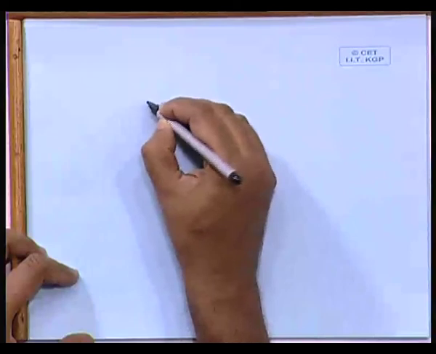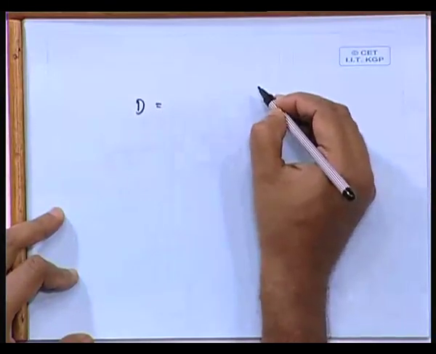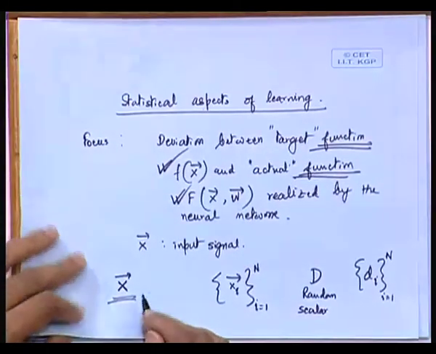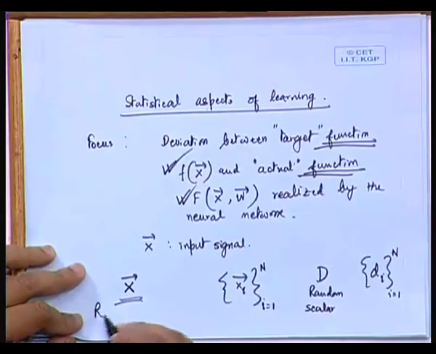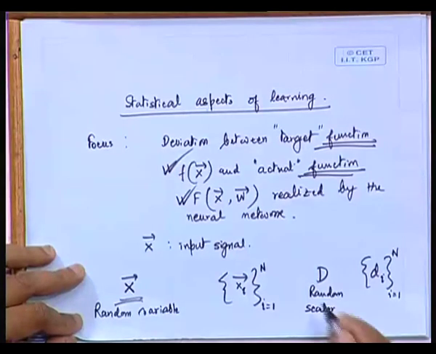For this we can have a model like this. What did we take again? We had taken x vector to be a random variable. So, this is a random variable vector and this is a random variable scalar.